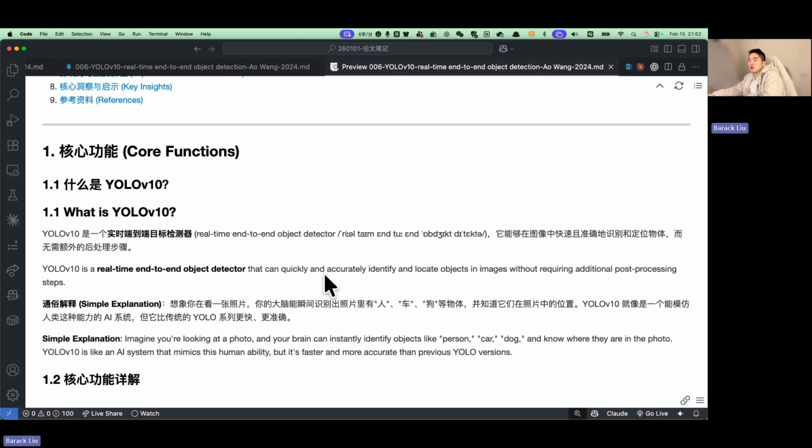So what is YOLOv10? YOLOv10 is a real-time end-to-end object detector that can quickly and accurately identify and locate objects in images without requiring additional post-processing steps.